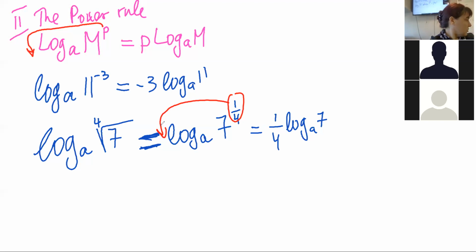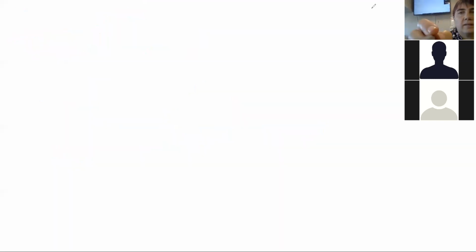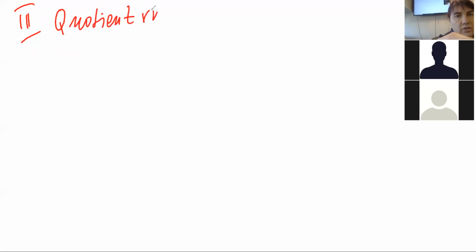Okay, dokie. So let's learn one more rule, and then we are going to just do crazy examples. The next rule is the quotient rule. Okay, number 3. Quotient is associated with division, and you can probably guess it.